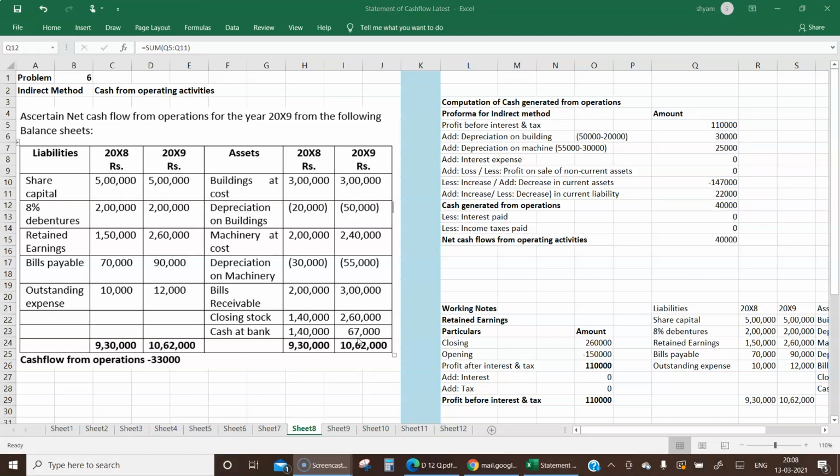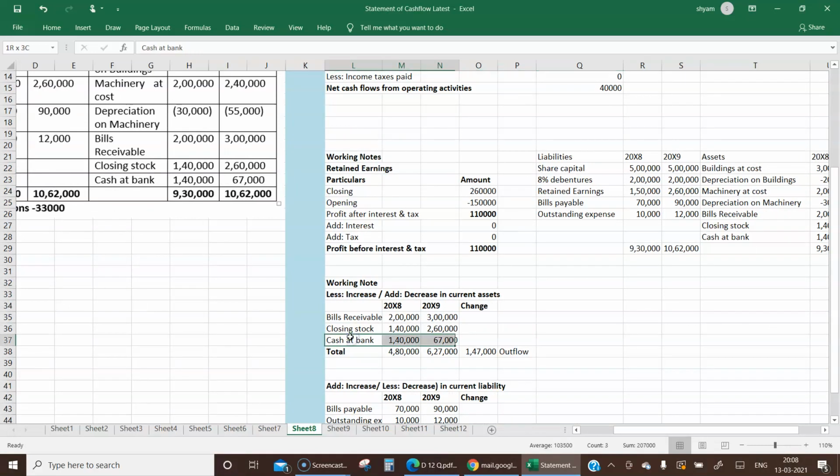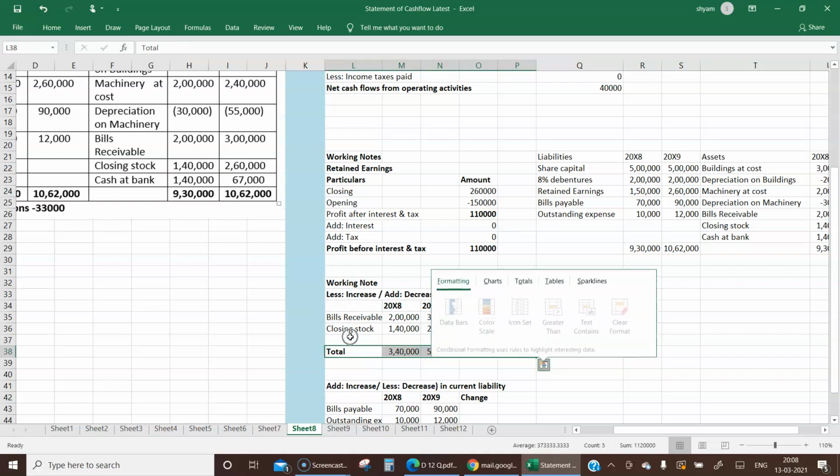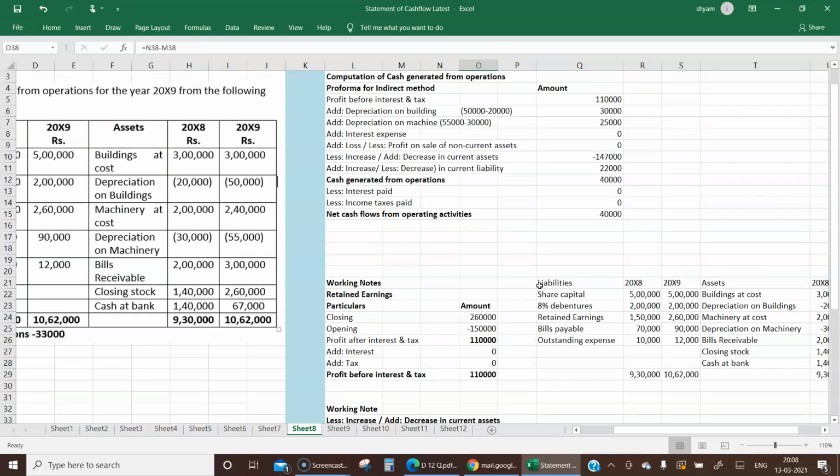See, we should not take the cash at bank as an item. Okay, we should not take that as an item because that is our adjustment item. So that we should not take. So the total cash outflow is 2,20,000. So we'll try to adjust that. So we got the answer. So the answer comes to 33,000.